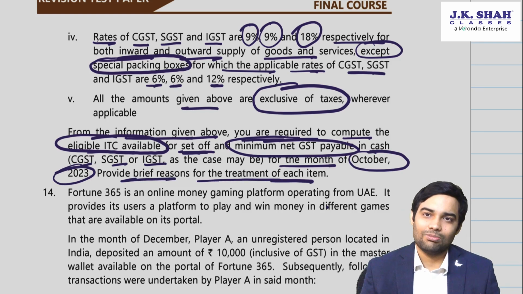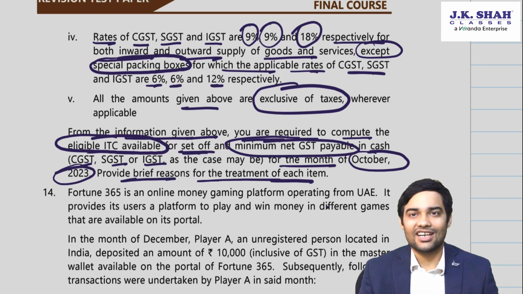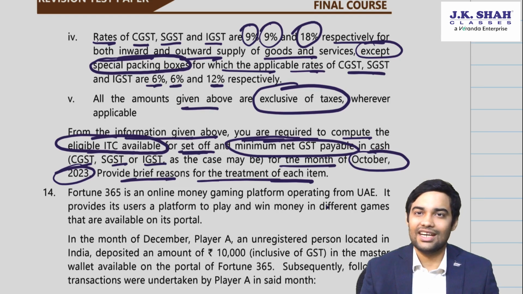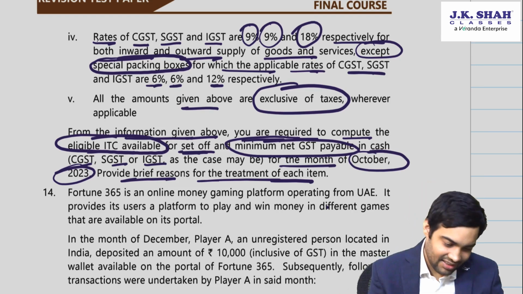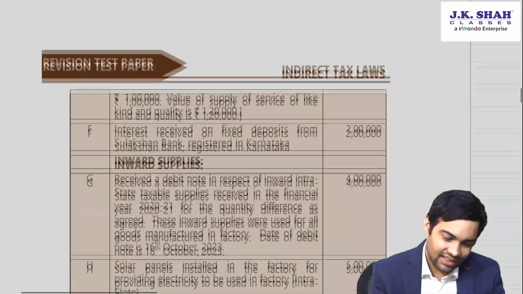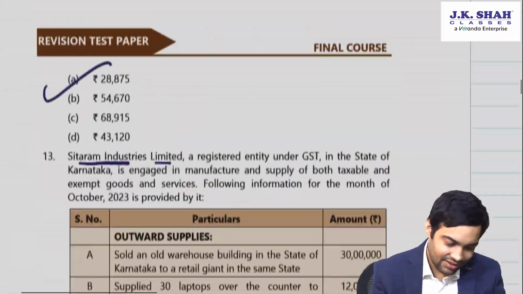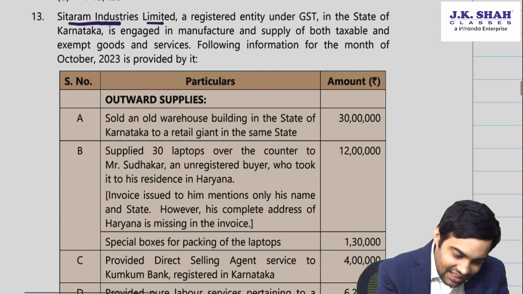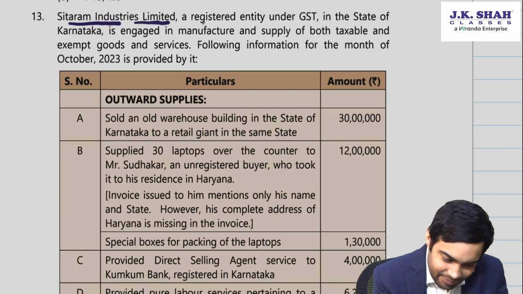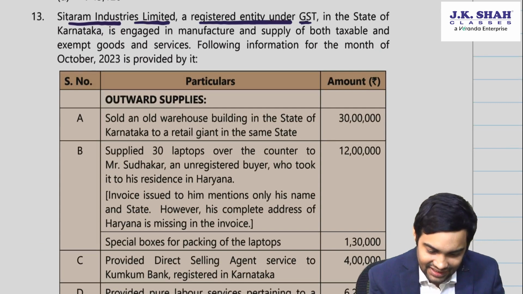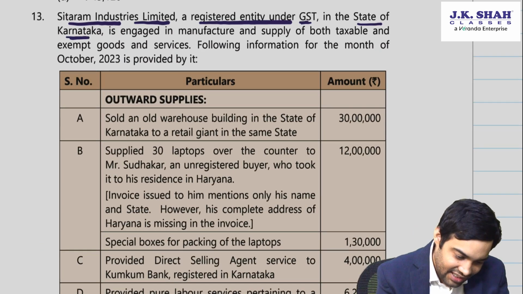You don't have an option. You can't not write notes. You have to write the notes. That's mandatory. Now let's see the questions. We will see the first one. Sitaram Industries Limited, a registered entity under GST in the state of Karnataka.